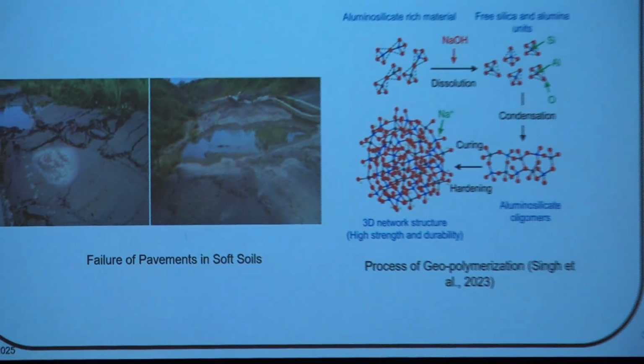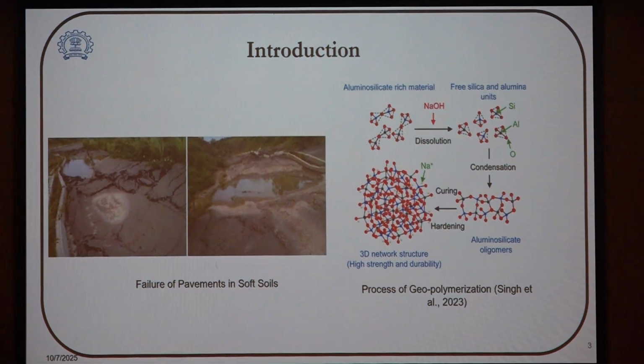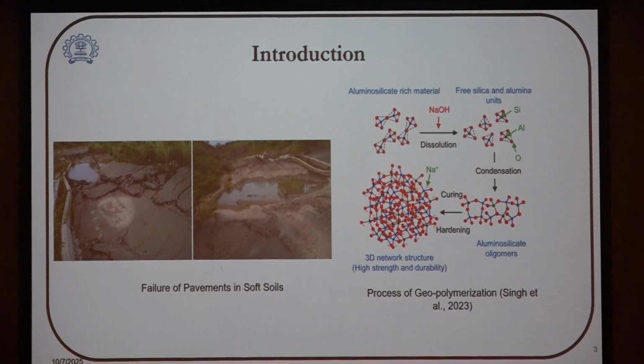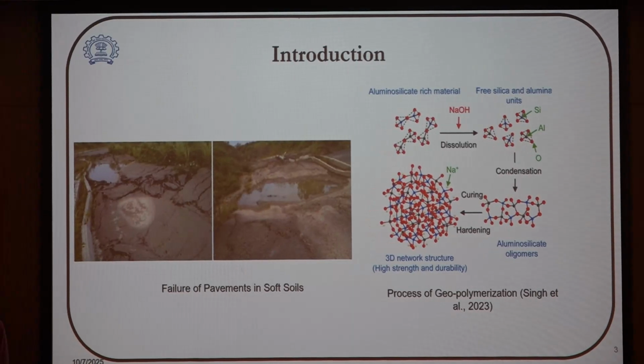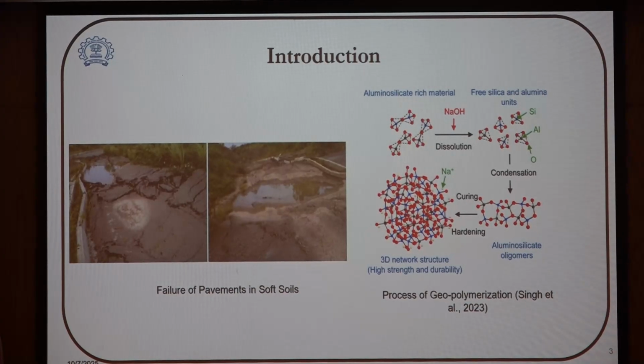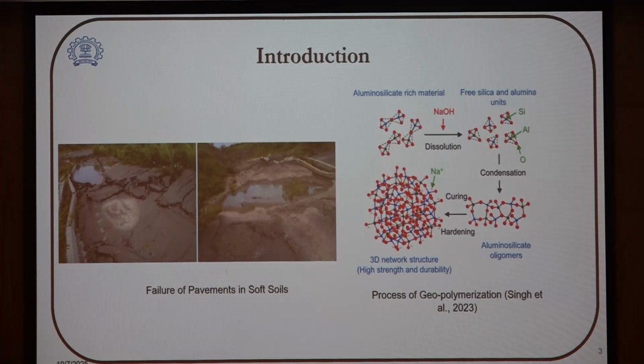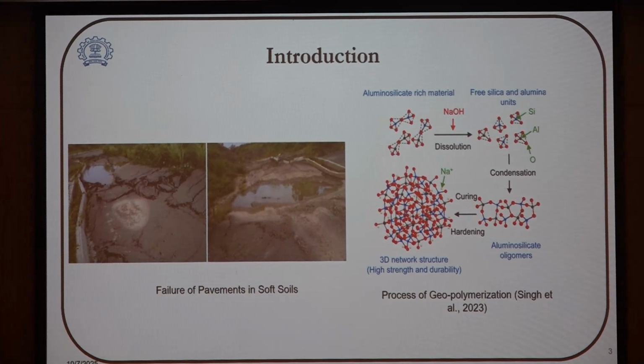Another thing is that we naturally have a certain moisture content in the field. Whenever we apply chemical stabilizers in the field, the natural moisture content is generally not taken into account. So in this particular study of the geopolymerization process, I took into account the natural moisture content present inside the soil.